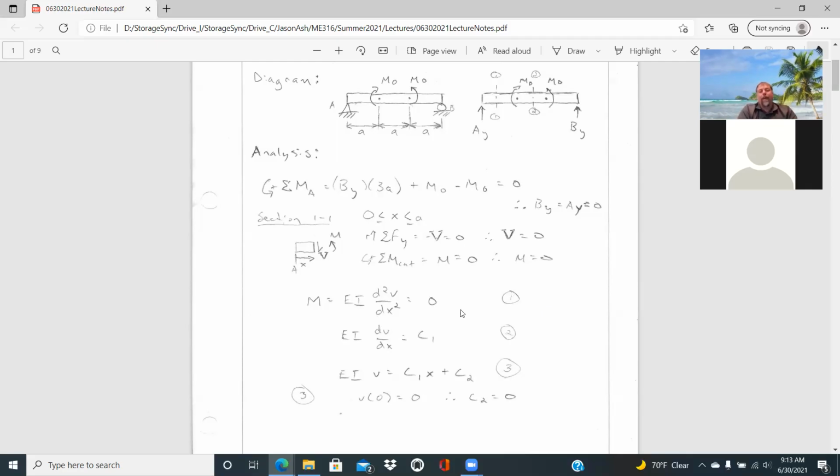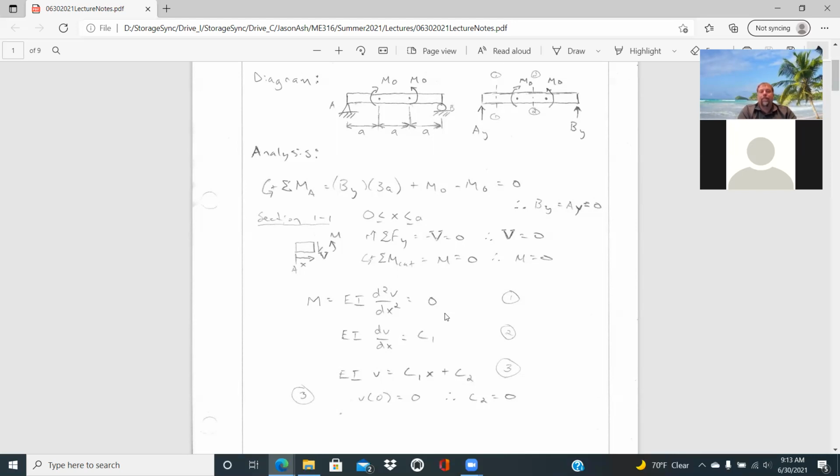When we integrate back once, we'll end up with a constant of integration on that right-hand side. So we have EI dv dx is equal to C1. Integrate back again, EIv is equal to C1x plus C2. And so even though our moment was equal to 0, as we integrate back, we still end up with our constants of integration.